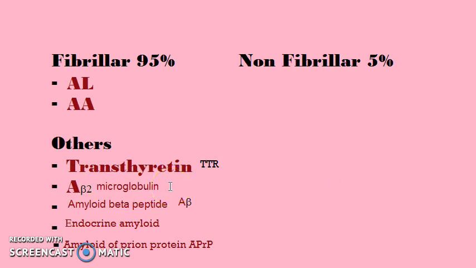Say A beta 2 microglobulin. Very good. Then you have amyloid beta peptide. Say amyloid beta peptide. Then you have endocrine amyloid.